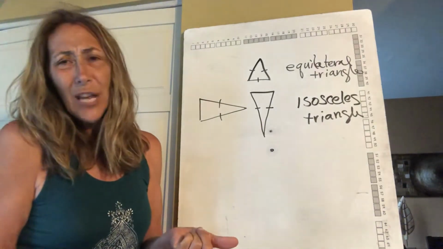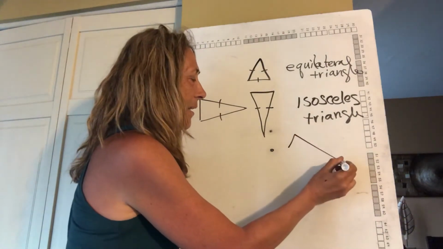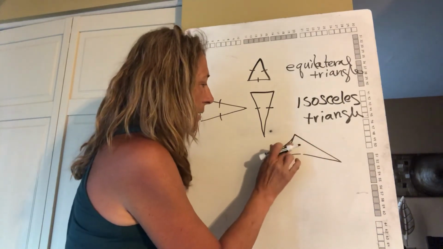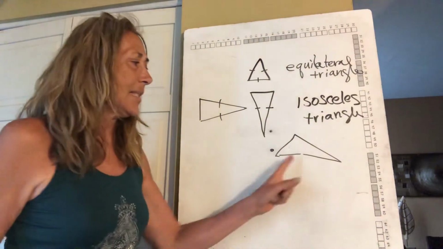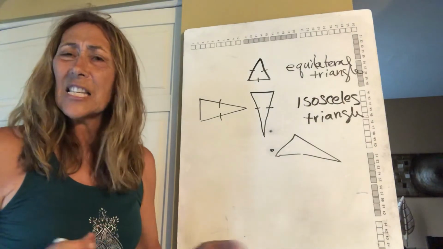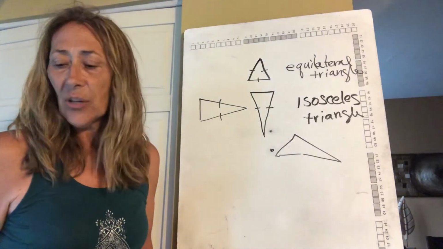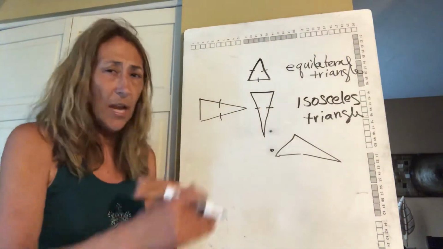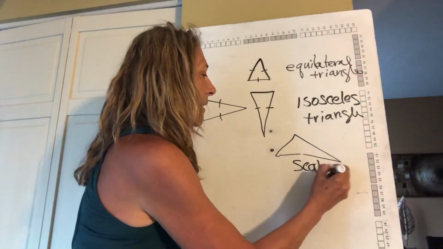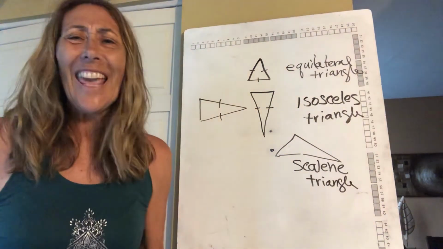And then we have this other type of triangle that doesn't fit any patterns. Let's make it like this, because this way I can distinctly see that none of the sides are the same. Every single side is a different length. There's no little hash marks to tell me any side is congruent. So when every side is different, that's a scalene triangle.